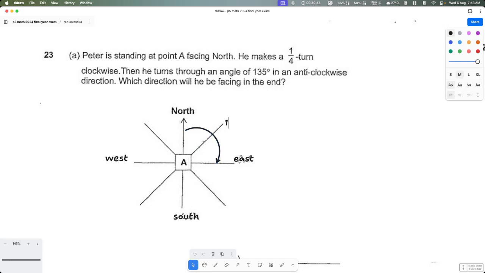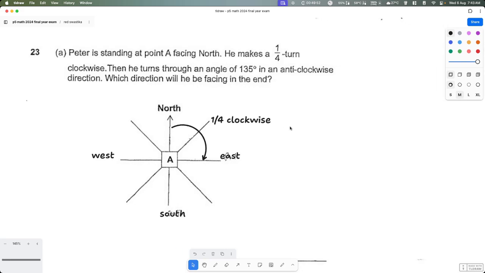So 1/4 clockwise. Okay, so this is the first turn. Then he turns through an angle of 135. So 90 degrees is a right angle turn, and then 45 degrees is half a right angle turn.